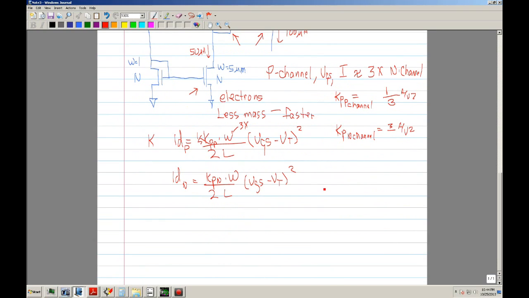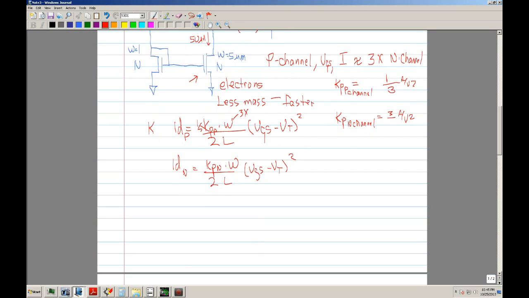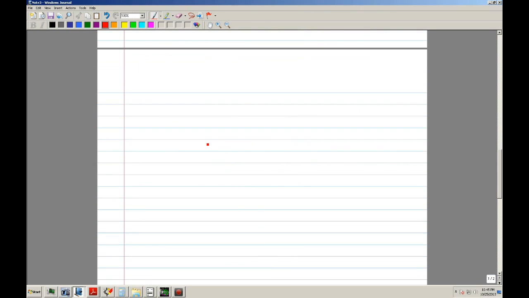Okay. Another subject that's important, and typically they test you on this on the exams, is a typical question that they always ask. If you have a current mirror, this is just one current mirror, a simple one.